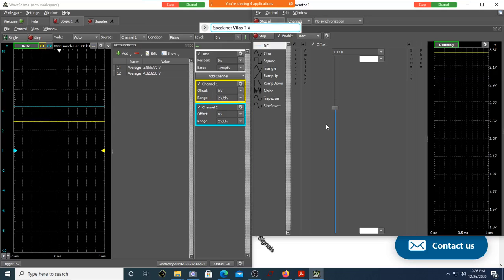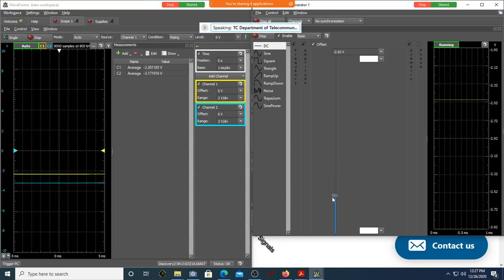I will make it less than 0. Can you see now it has become minus V set? Anything less than 0, is it minus V set? Just have a look at this. Correct? So what does it mean?